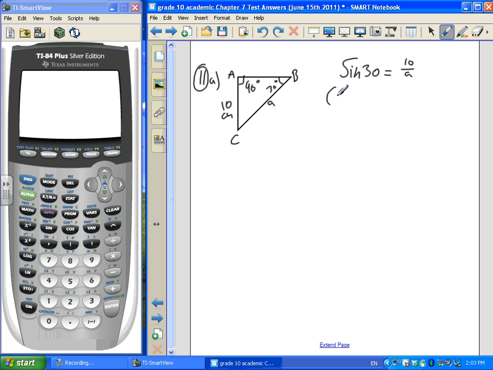Now, there are many steps to this one. One quick step could be to just switch the positions of A and sine 30. So A is equal to 10 divided by sine 30.